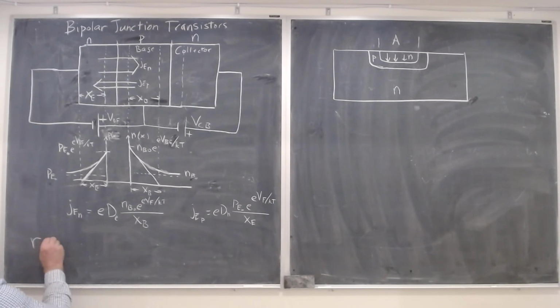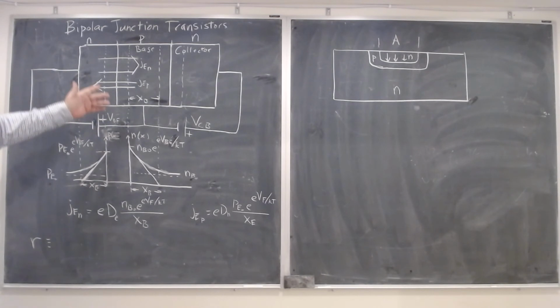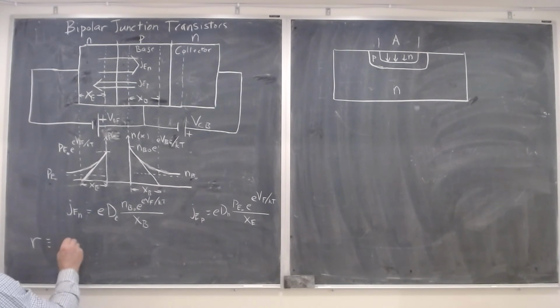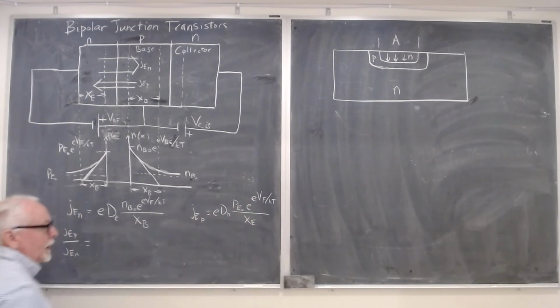So I'm going to define R as the ratio of these two. Now you sort of get the idea, just jumping ahead, that for this thing to work well, I want this to be a lot bigger than that. And we'll get back to that in a minute. So I'm going to define this ratio as the ratio of the hole to the emitter current components. Now, you can see they both go with e to the eV_F over kT, so that drops out.